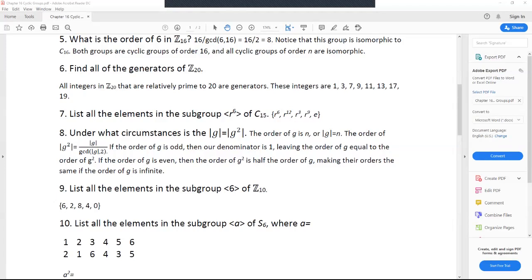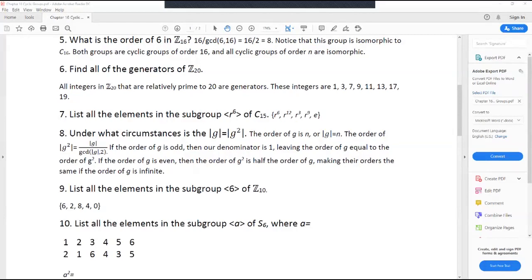Number 7, list all the elements in the subgroup generated by r to the power of 6. And this time we're working in C15. If we start with r to the power of 6, and if we keep applying it throughout the cycle, we can see that we go from r to the power of 6, then to the power of 12, back to the power of 3, because 12 and 6 is 18, but 18 is equal to 3 in C15.